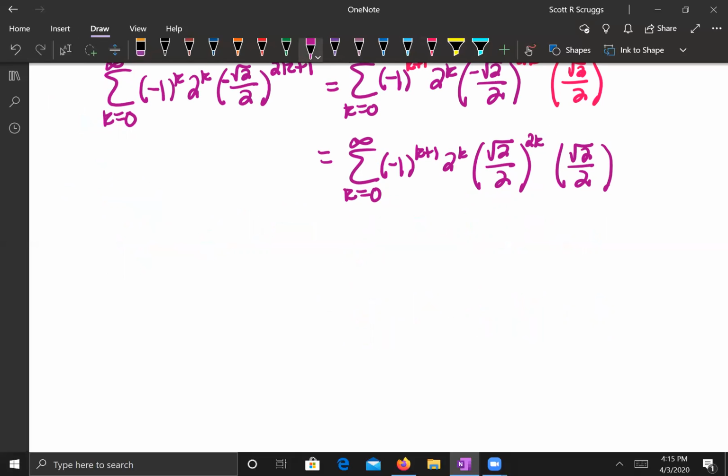So I'm going to do some rewriting, and it's mainly going to be rewriting of that root 2 over 2 to the 2k power. So with the numerator, I have square root of 2, or 2 to the 1/2, raised to the 2k power, and then 2 to the 2k power in the denominator.